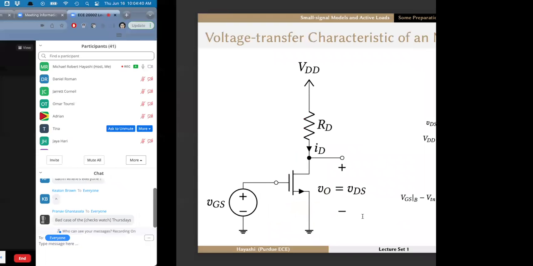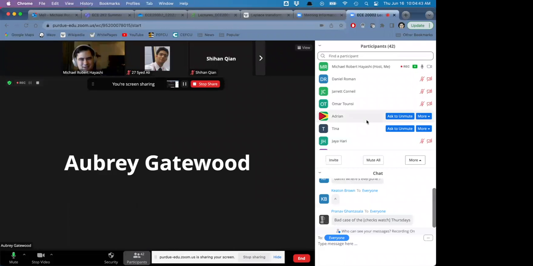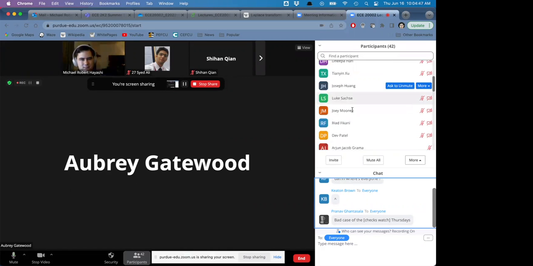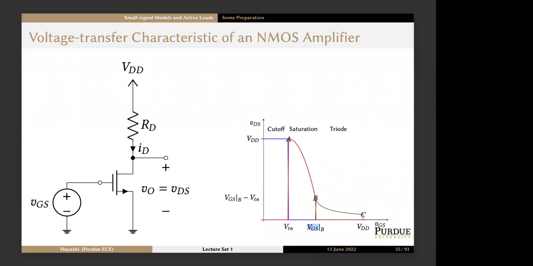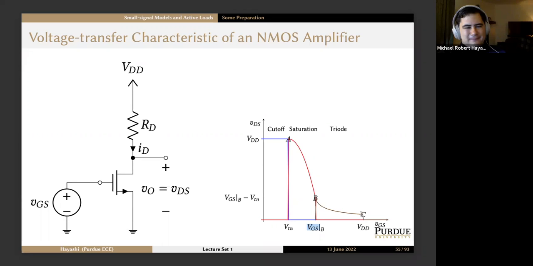I got you. What happens at the very end, on the far right of that graph, where it just kind of drops all the way at C? Is that cutoff again? That's the point. So at that point, the voltage has become equal to VDD.